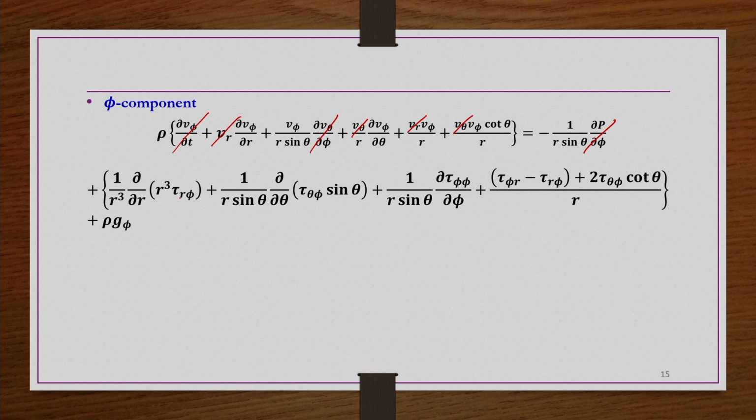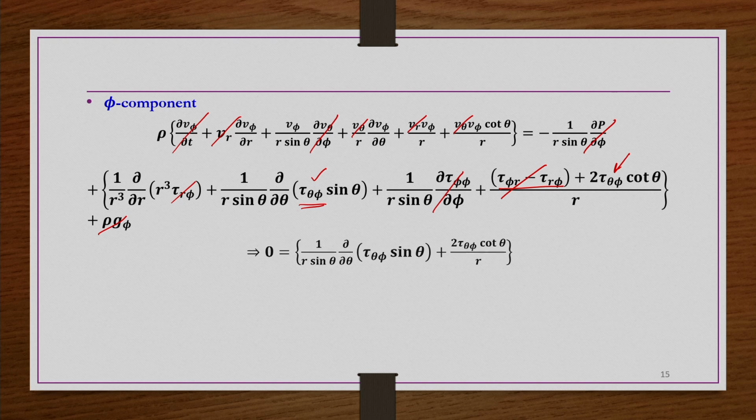So this component of shear stress is not existing, while this component of shear stress is existing. Because of symmetry this term is 0, and these two are equal to each other, so the difference is 0, and this component of shear stress is existing, so we cannot cancel it out. Body forces we are not taking into account. So then we have this simplified equation.